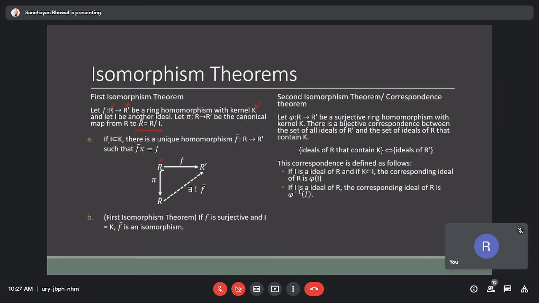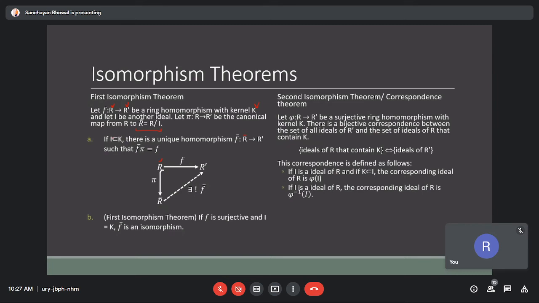Now, if I is contained in K, where K is the kernel, then there exists a unique F bar from R bar to R dash.